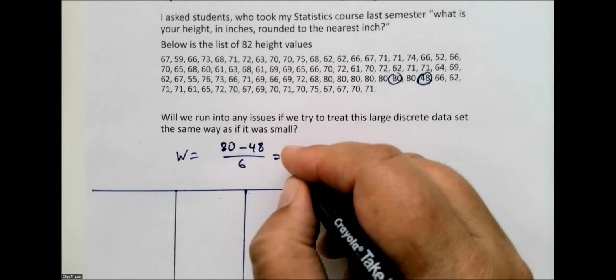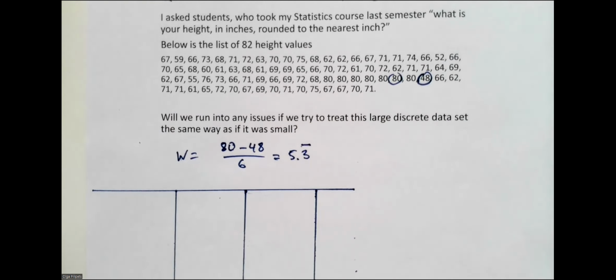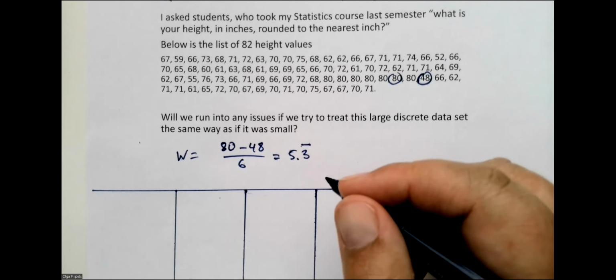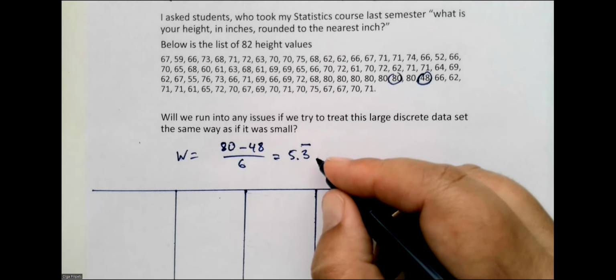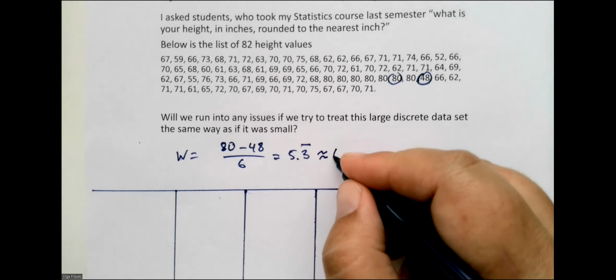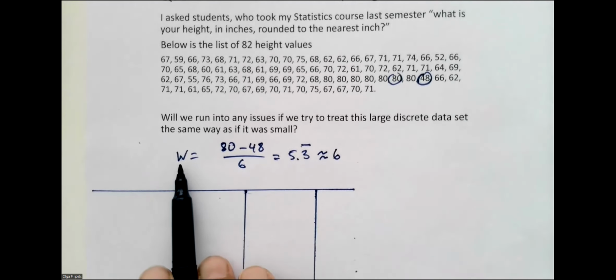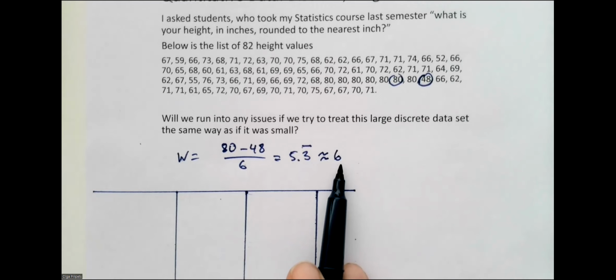I got 5.3 repeated, so it's 5.33333. Remember, we always round up. So I'm going to round it to the nearest whole number, which is 6. So my class width is 6.